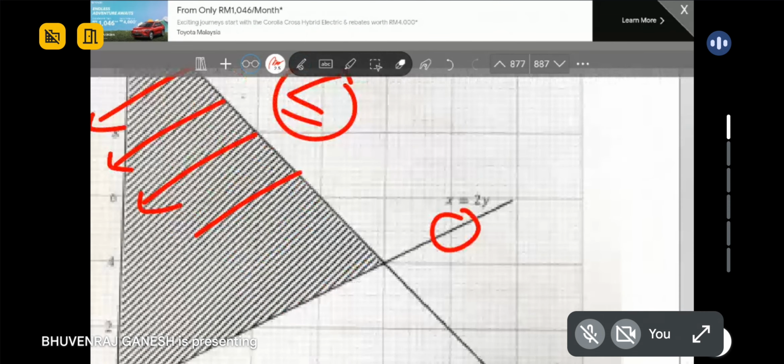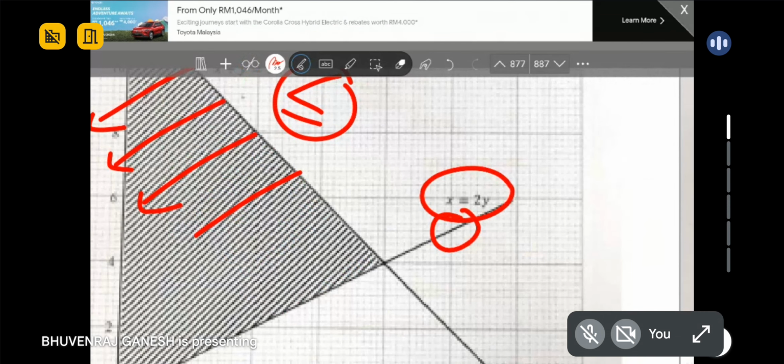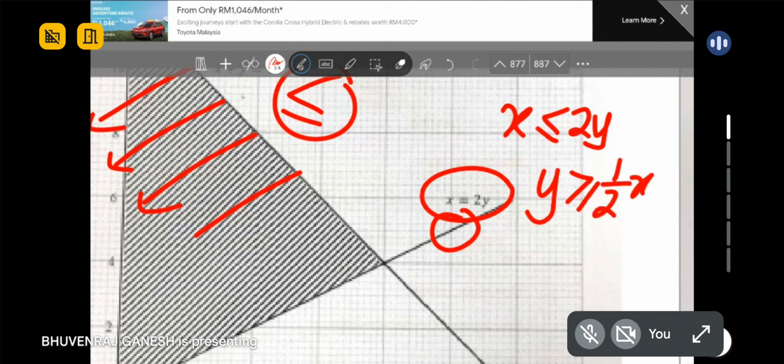And then this one you guys must be careful lah. Kena hati-hati. Okay, this one is less than or equal to 2y, right? But remember, you must always arrange in y equal to mx plus c, guys. Ingat, ketaksamaan tu nak tentukan kawasan berlorek, y equal mx plus c. Okay, if you want to determine the shaded region, it must be in this format.